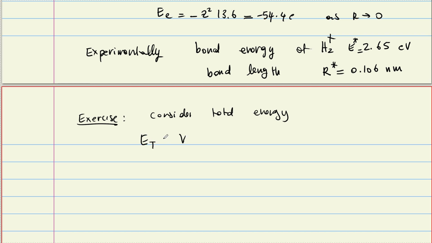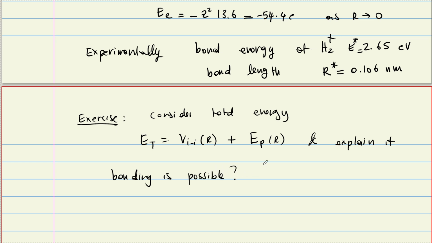E total is equal to V ion of R, which is unchanged, plus E of P as a function of R, and explain if bonding is possible. So, is there a minimum?